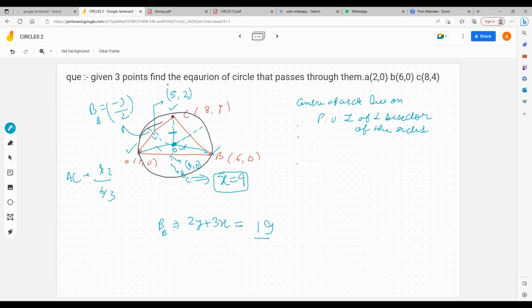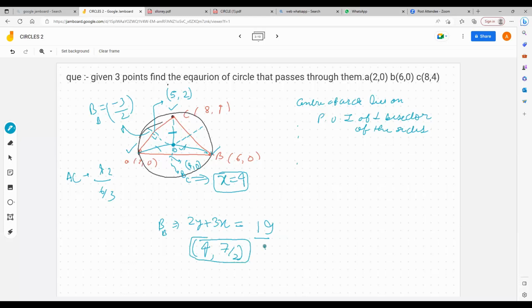So the center of the circumcircle will be O, and it will be the intersection of x equals 4 and 2y plus 3x equals 19, and the intersection comes to 4 comma, and y will be (19 minus 12) by 2, that is 7 by 2. So O is 4, 7 by 2.